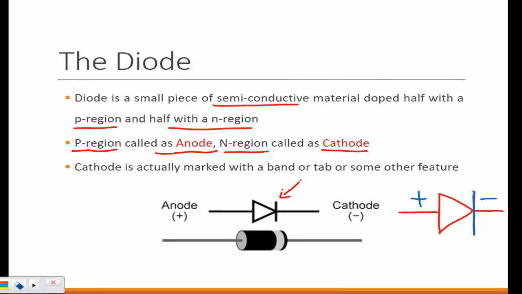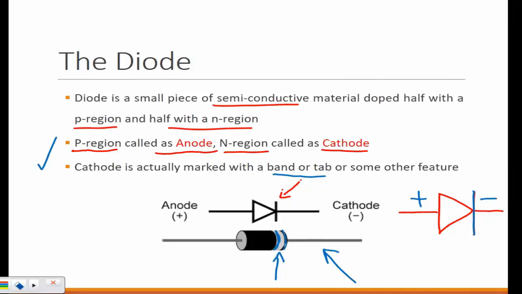But how do you visually see a diode and be able to tell which side is positive and which side is negative? This is one example to show. This is one of the types of diode we will use in the lab. You see, one side, cathode, is always marked on the diode with a band or a tab type of feature. So in here you see right here there is a silver color band, correct?